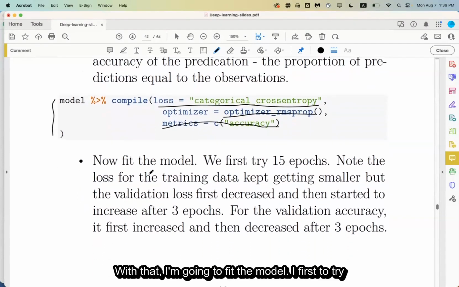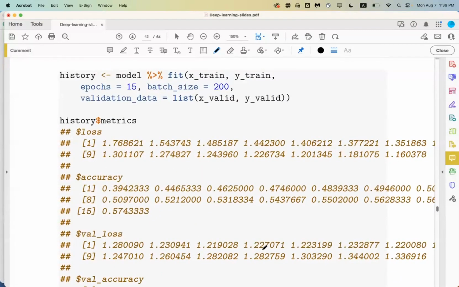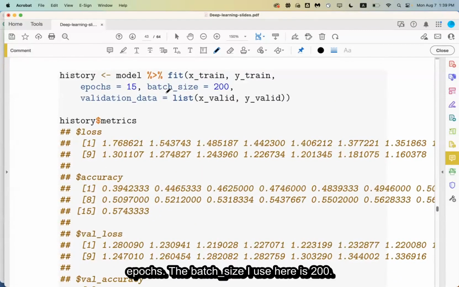With that, I'm going to fit the model. I first tried 15 epochs. The batch size I use here is 200.